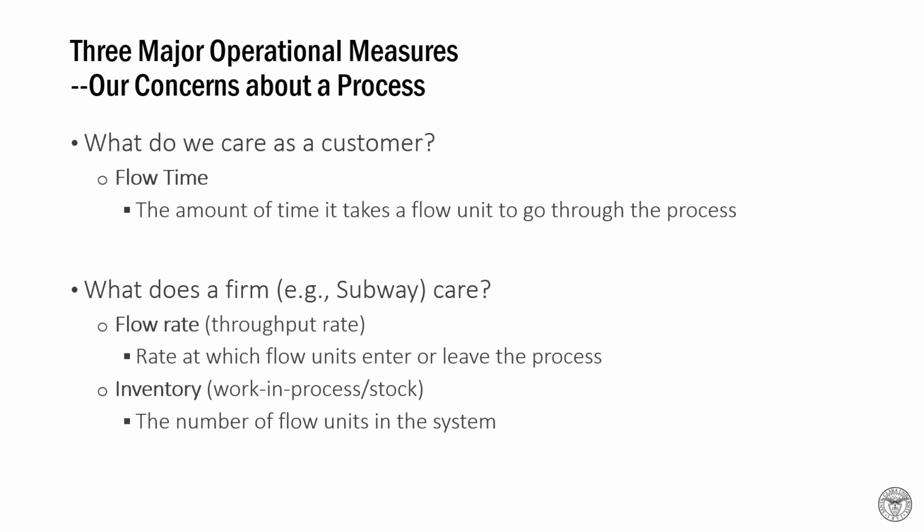This could refer to the number of sandwiches being made simultaneously or the amount of ingredients on hand ready to be made into sandwiches. These measures collectively impact the customer experience, from the wait time to the availability of the desired product.